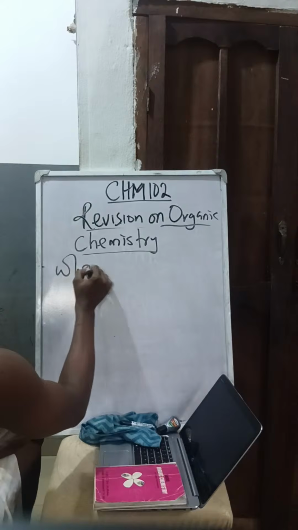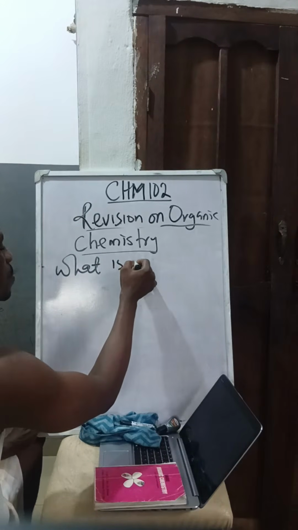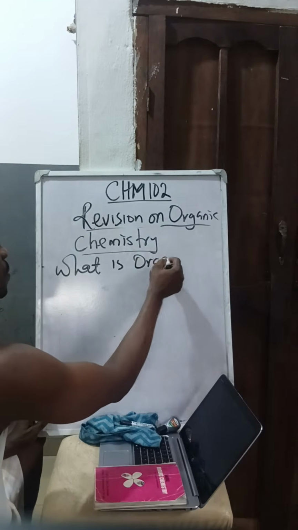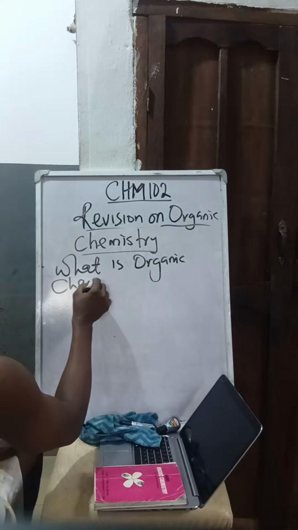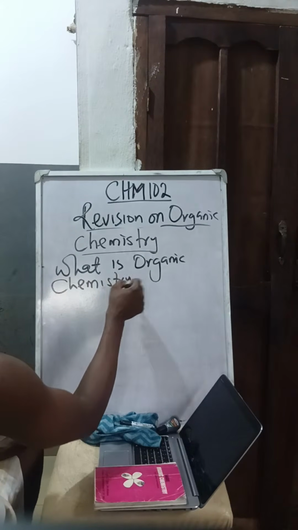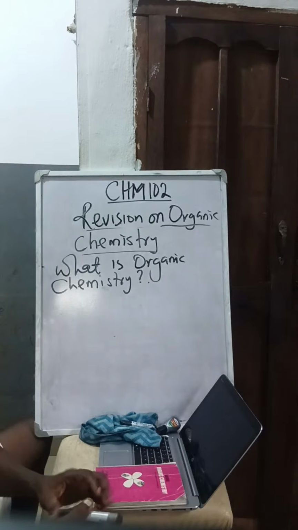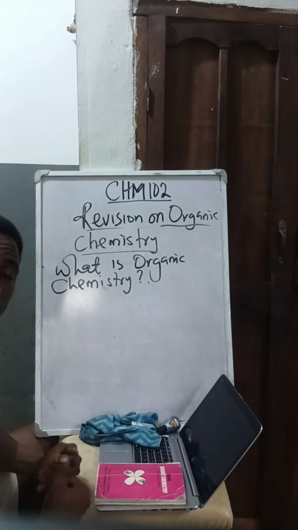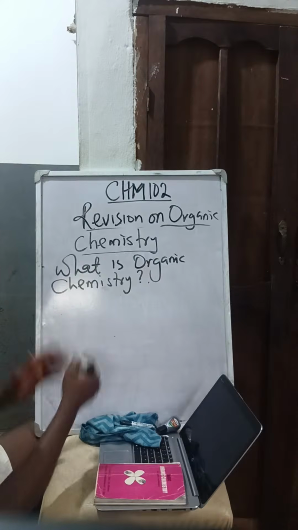First of all, what is organic chemistry? Organic chemistry is the chemistry of carbon and its compounds. So that is organic chemistry.